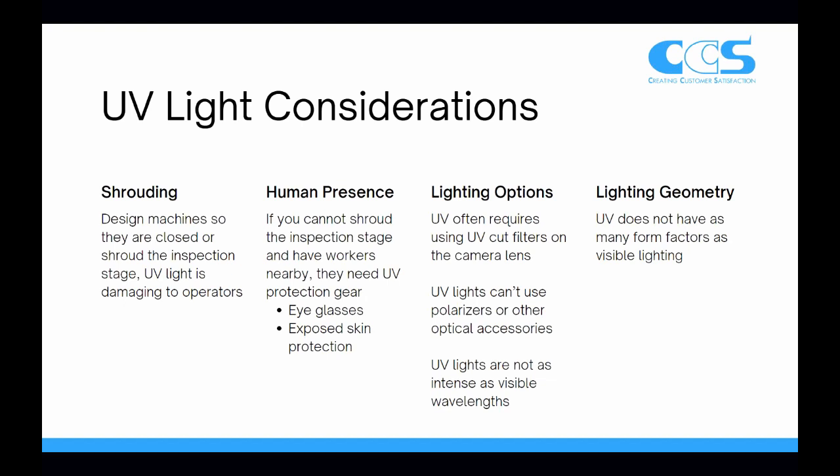You're just shining a bar light down to an area and letting the fluorescence do its job, so you don't necessarily need the form factors that we would consider for more high precision applications. So they kind of don't exist because they don't have to, but they also don't exist, so it's something to consider. If a coaxial light solves your application, then try and find a coaxial light in the visible wavelength that solves it instead of in the UV wavelength.